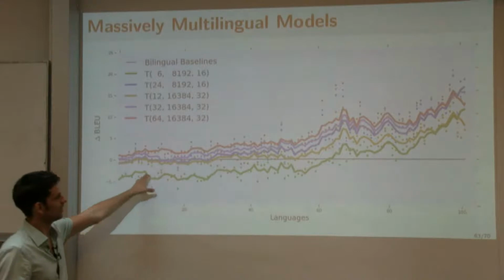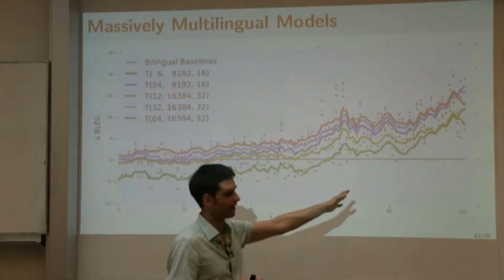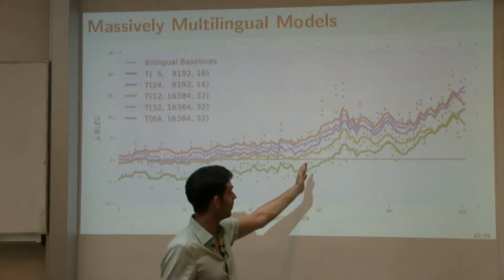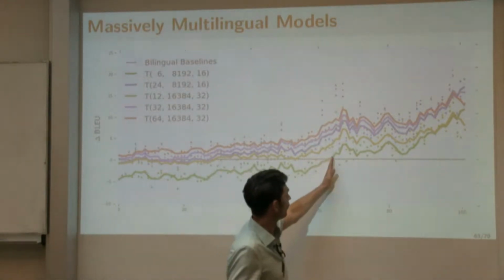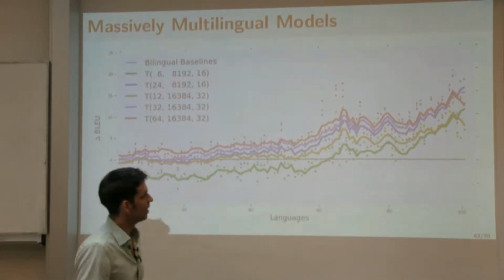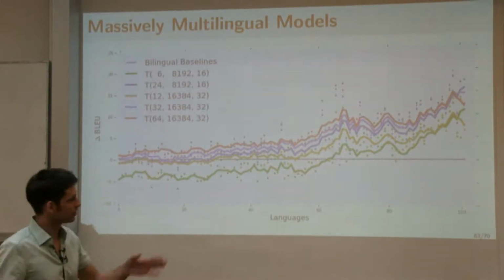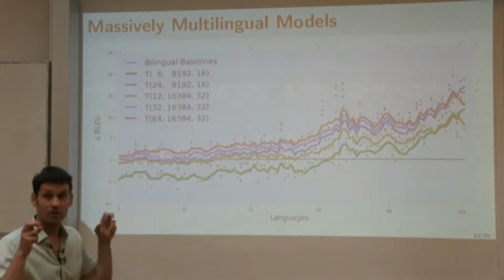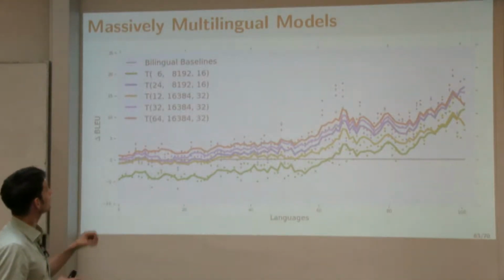And now one has to very carefully think until when it is better to use the separate pairwise models, and from when it is better to use the multilingual models, because at some point the languages become low resource compared to the average.